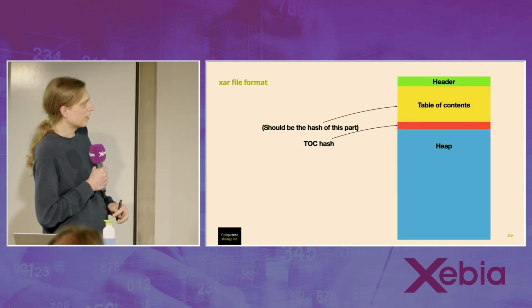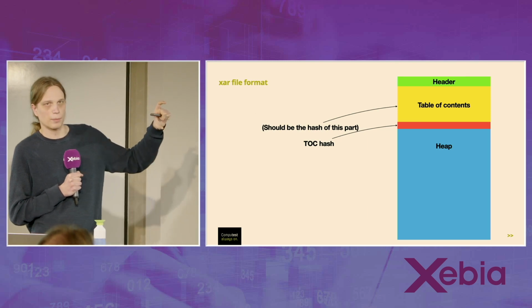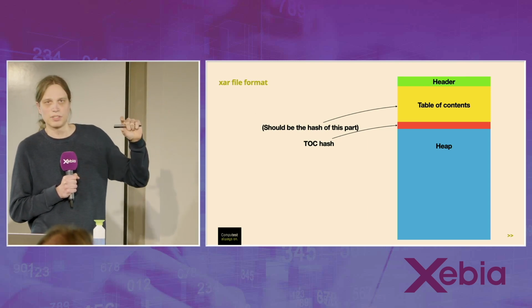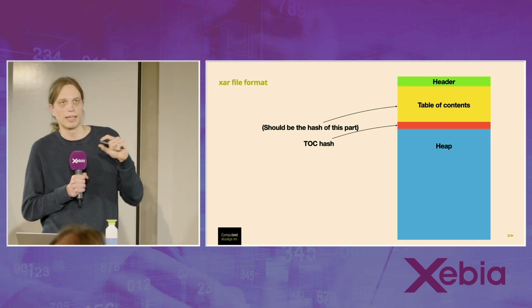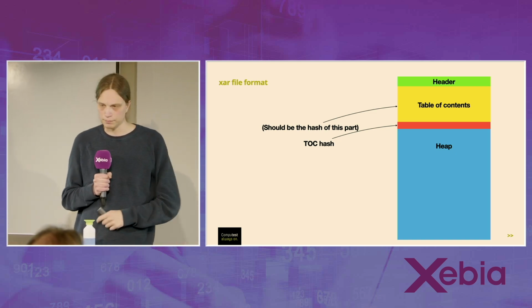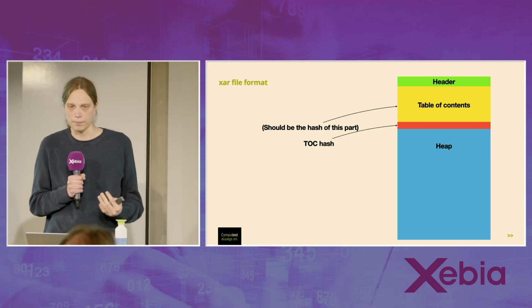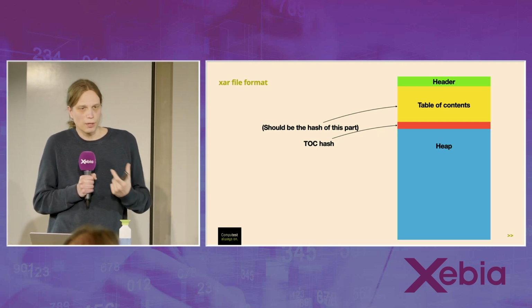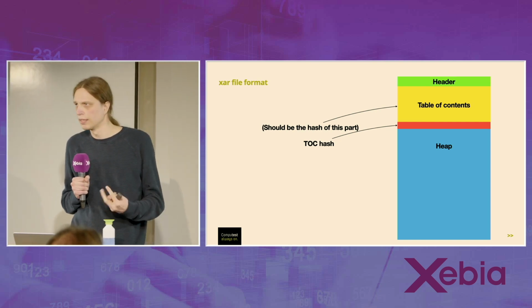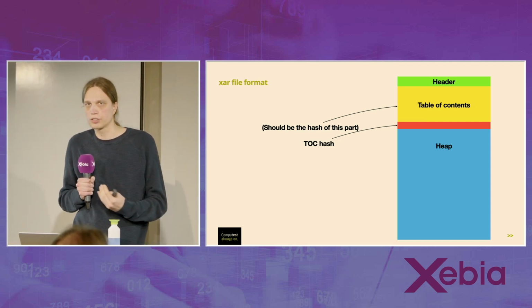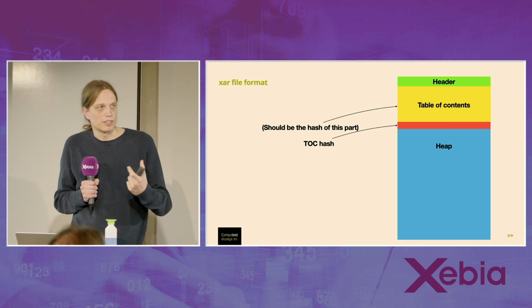So to visualize that, we have the header, we have then the table of contents, and then the heap. Typically at the first offset, so at location 0, there will be the hash of the table of contents. So whenever you have a XAR file, you can check very well whether or not it's corrupted or whether anything has gone wrong with it. If you use it for long-term storage of data, then you have all of these integrity checks.